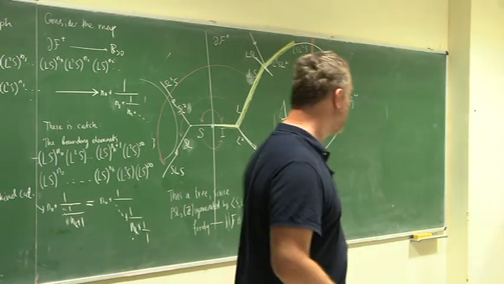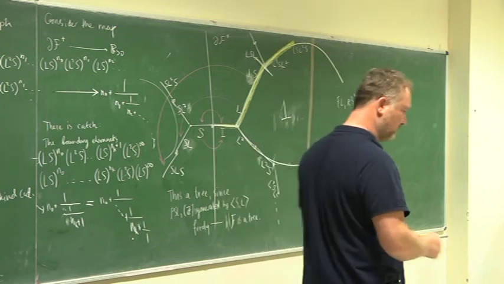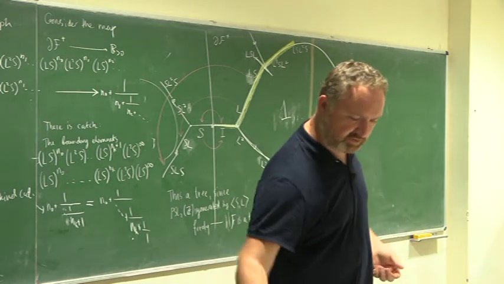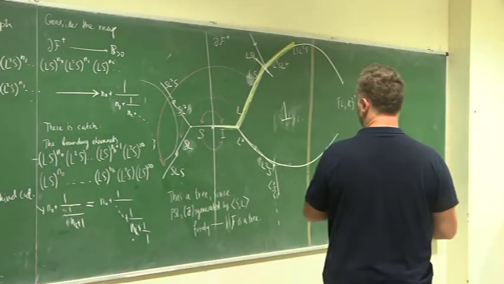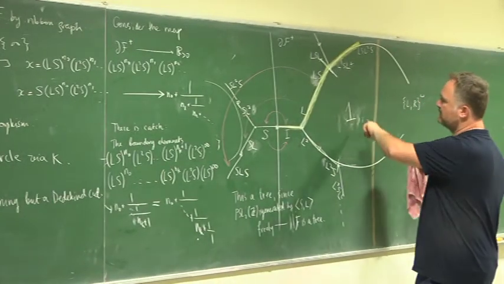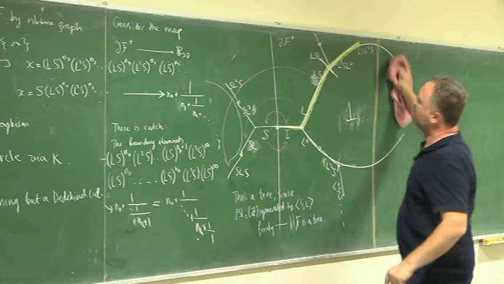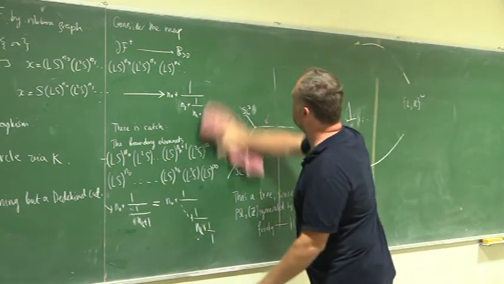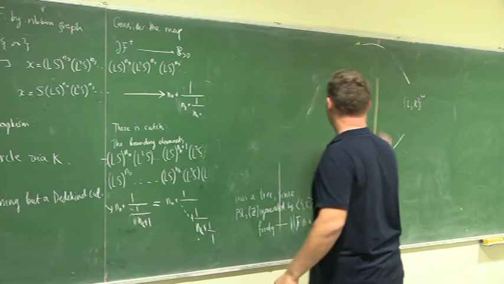So how does this identification go? There's a very nice way of identifying these pairs of ends with the rationals. Let me conclude my talk with that.